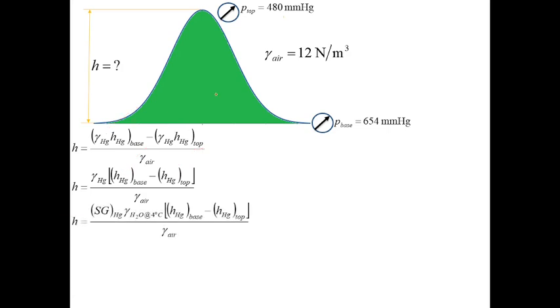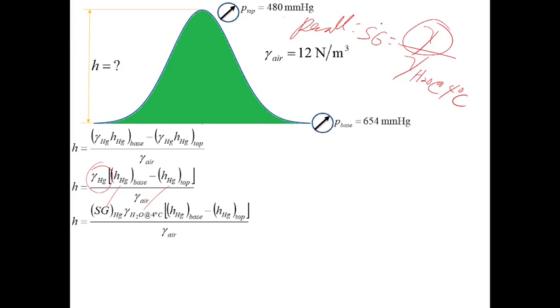In this case, the unit weight of mercury is simply the product of the specific gravity of mercury and the unit weight of water at 4 degrees Celsius. Because recall that the specific gravity is the unit weight of the substance over the unit weight of water at 4 degrees Celsius.